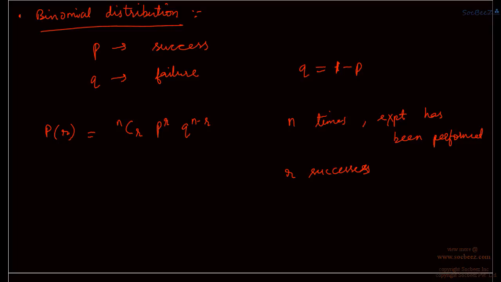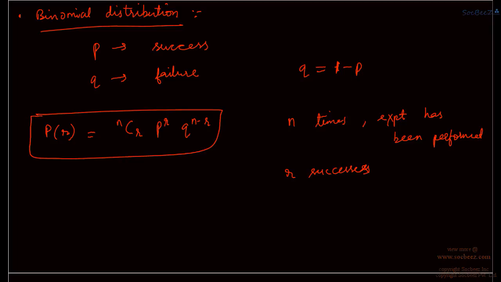With additional information, I know the probabilities of a single head or single tail, and so using this formula, I can find the probability when repeating the experiment n times of getting r number of successes.